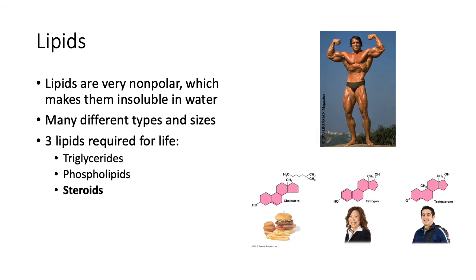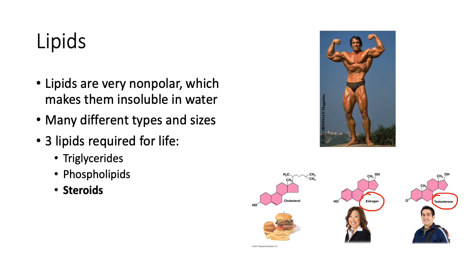Many of the hormones that create our sexual differences between males and females are actually caused by steroids. For instance, estrogen and testosterone are two steroids. Both males and females express or have both of these steroids in their bodies.